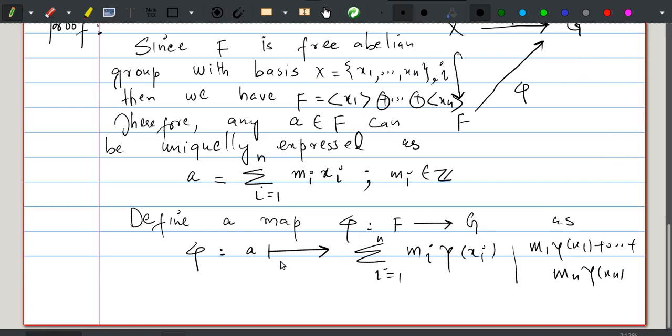Now to prove this phi is well defined, it follows easily because of the uniqueness hypothesis.